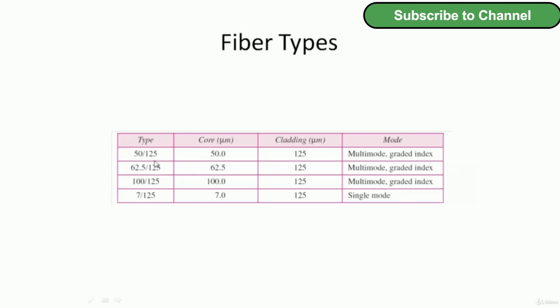So 50/125: the 50 micrometer core is there, then 125 cladding, and it is multi-mode graded index. Like this, 62.5/125, 62.5 core, 125 cladding, multi-mode graded index. Like this, 100/125, 7/125. These are the core diameter and cladding diameter, or we can say size. And these are multi-mode graded index, and the last one is single mode. These are the fiber types.